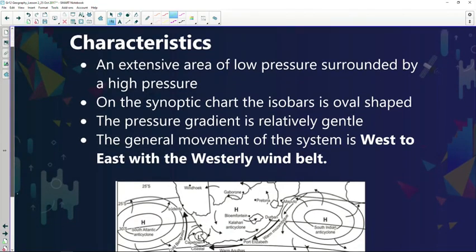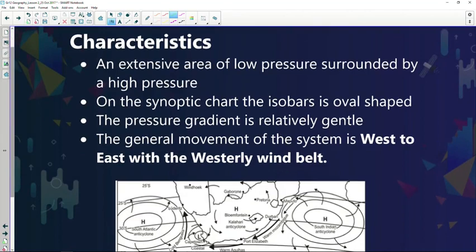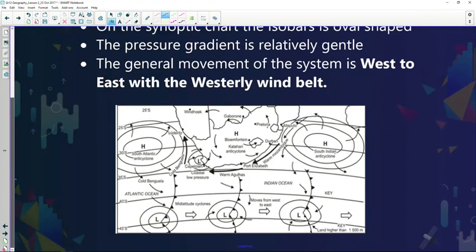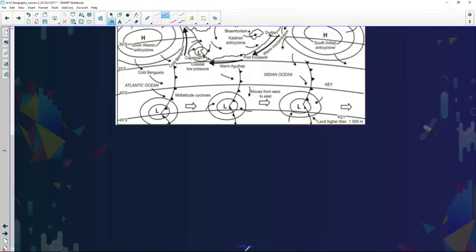Okay. Now, if you look at the characteristics of a mid-latitude cyclone, it's an extensive area of low pressure surrounded by high pressure systems. Now, on the synoptic chart, they appear ovally shaped. Now, down here I've got a synoptic chart, but let's just quickly fill in the degrees of latitude over here as well.